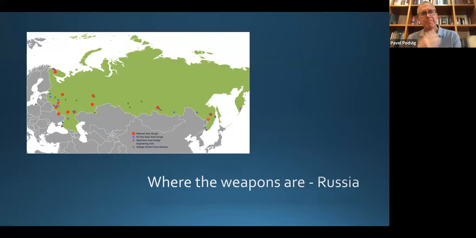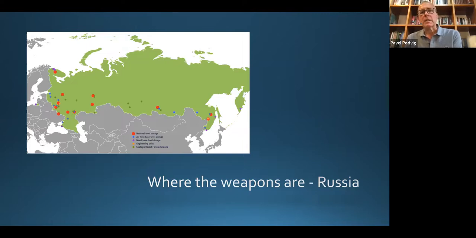These dots are weapon storage facilities, and as you can see, there are broadly two kinds of storage facilities. The big red dots are what is known as national level facilities. There are 12 of them. These are large, presumably central facilities that store a large number of weapons.